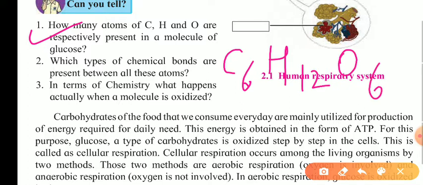So from here we can say there are 6 carbon atoms, 12 hydrogen and 6 oxygen in the molecule of glucose. And they have asked which type of chemical bonds are present between all these atoms. They are connected to each other by covalent bonds.